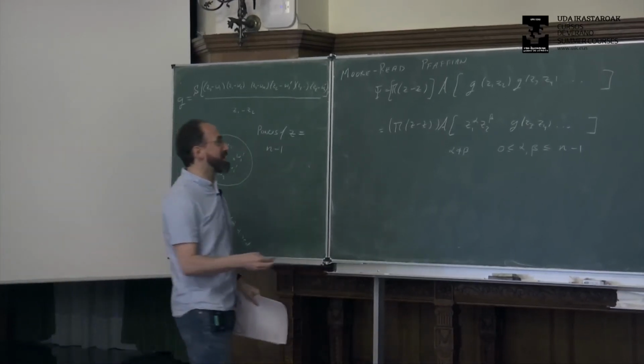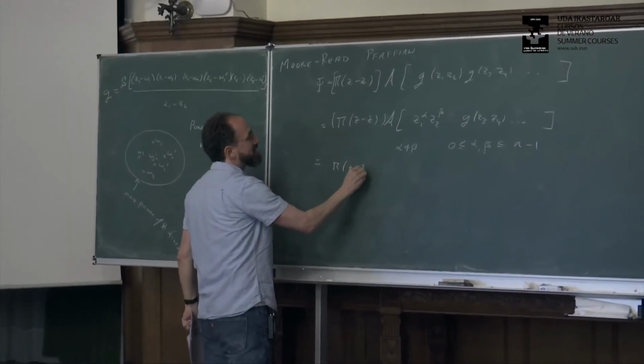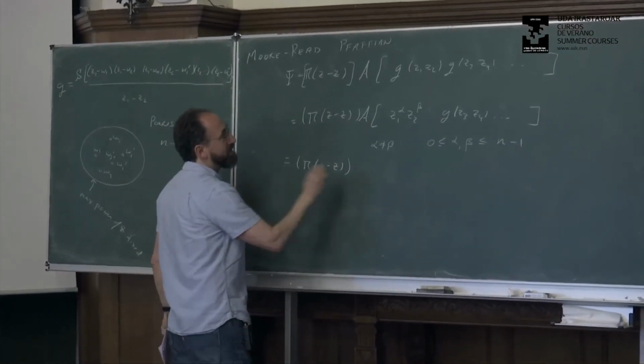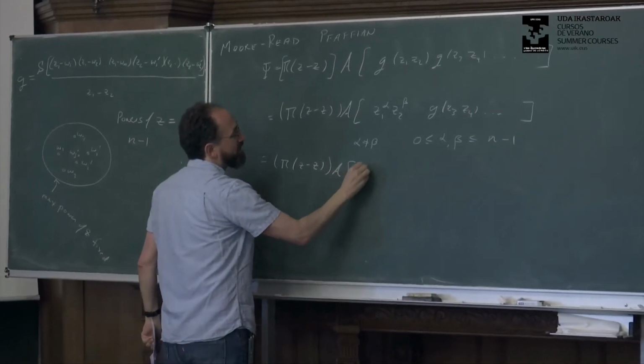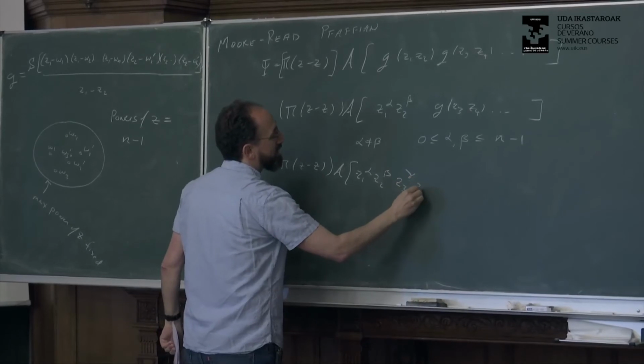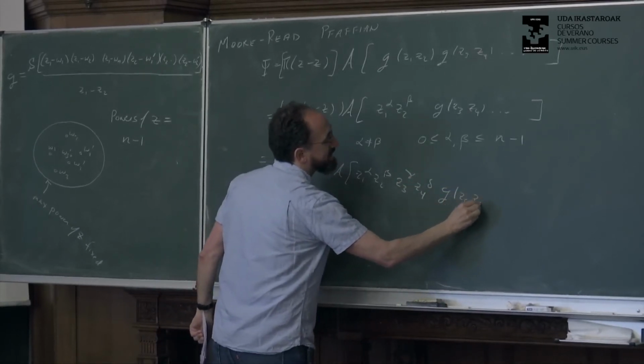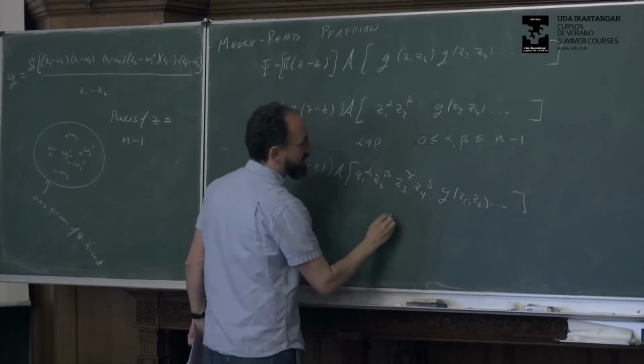Okay, and then we can play the same game again and break 2 pairs. So then have z1 to the alpha, z2 to the beta, z3 to the gamma, z4 to the delta, and then start with g of z5, z6, dot, dot, dot. And then we have 0.